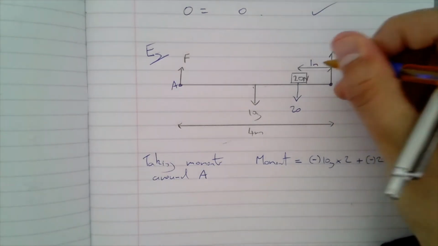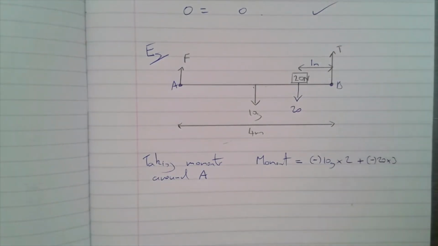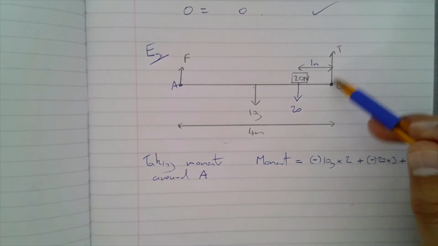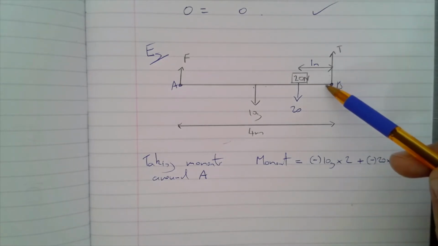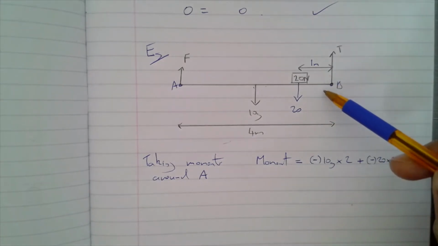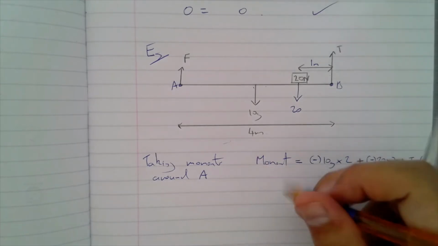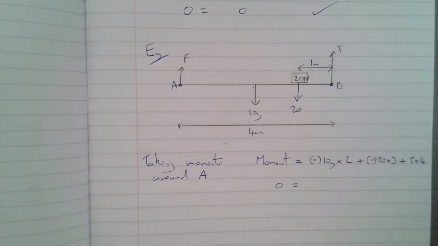So this is 3 meters from A. And then I've got this tension here, which is acting upwards. And this is 4 meters from the start, so that's T times 4. Now I know this isn't going up or down. We're going to say this is in equilibrium. So if it's in equilibrium, then the total moment must be equal to 0.